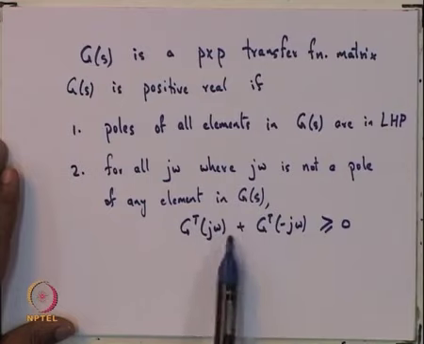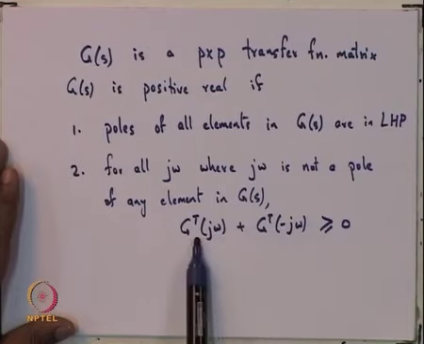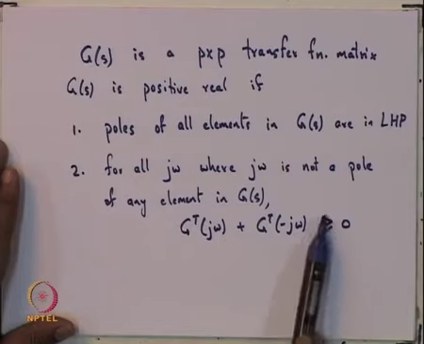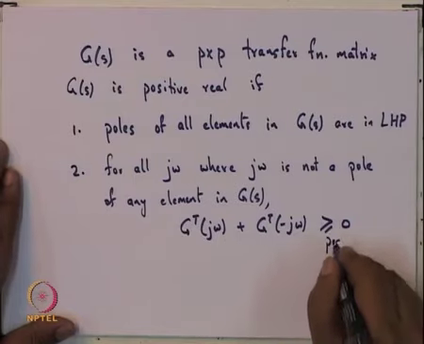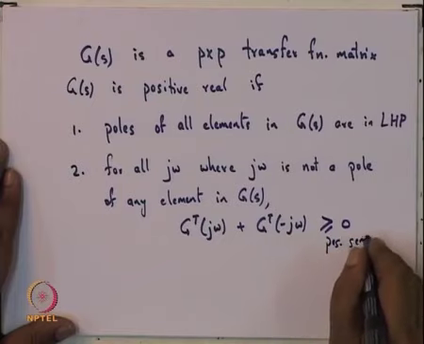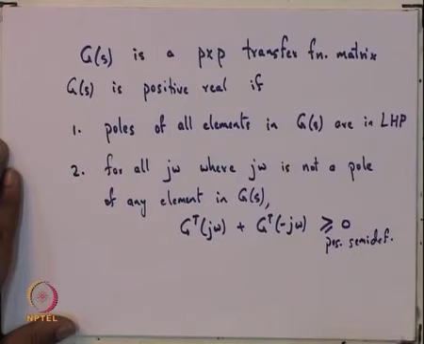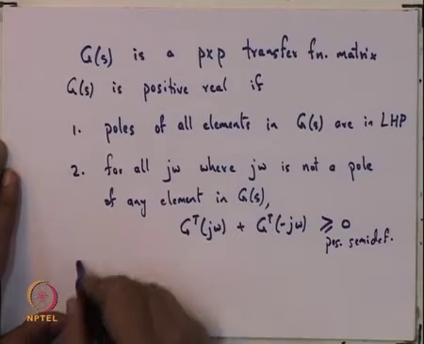But of course, remember these are matrices. So, the sum of these two matrices is claimed to be a positive semi-definite matrix. Okay. And there is one more condition.